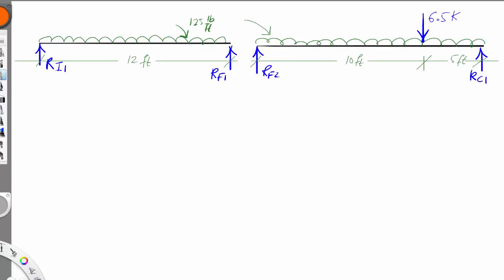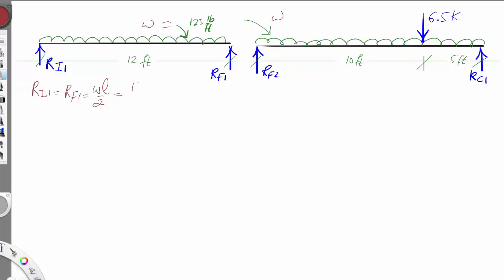The second part will be the other side, which is the same. So the same goes: RI1 is equal to RF1 is equal to omega L divided by 2, where this is omega or W, and the same thing goes for this one.